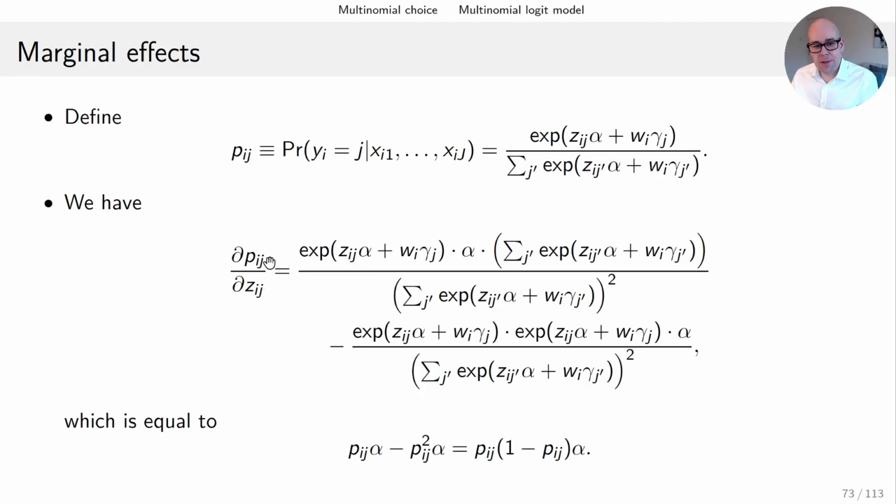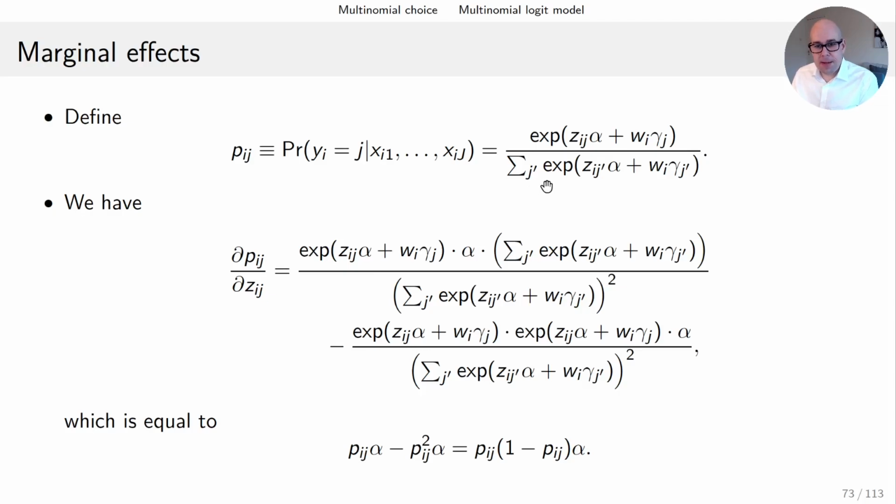So the change in the probability that i chooses alternative j when characteristics of that one alternative change. So what do I have to do? And this actually is very similar to what we have seen for the binary logit model. It's not a surprise because this is, at the end of the day, a generalization of the binary logit model, as you can simply see by looking at the functional form.